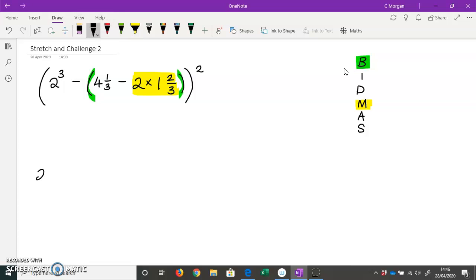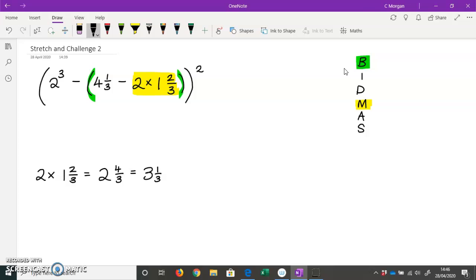So I've got 2 times 1 2/3. Well, a quick way to do it is 2 lots of a whole is 2, and 2 lots of 2/3 is 4/3. So if I wanted to, I could write my answer like that. I know that 4/3 is 1 1/3, so it's like having 3 1/3 altogether.